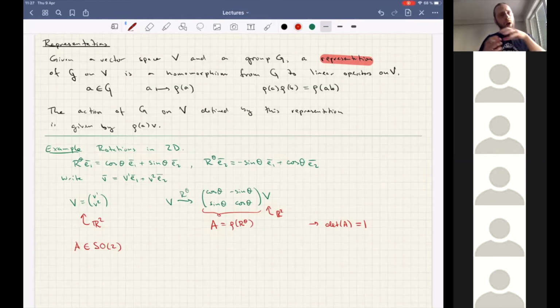As long as we have a finite dimensional representation, we can always represent it by an n by n matrix. So for finite dimensional representations, the representation is a map from the more abstract group, which can be any group, to n by n matrices, or some subgroup of n by n matrices.